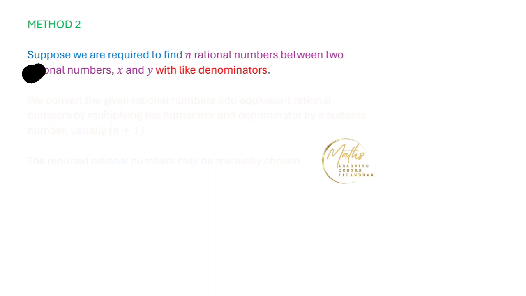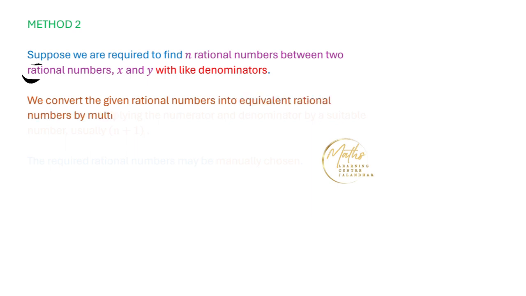suppose we are required to find n rational numbers between two rational numbers x and y. An important condition over here is that they have like denominators. So the process is that we convert the given rational numbers into equivalent rational numbers by multiplying the numerator and denominator by a suitable number, and that number is usually n plus 1.